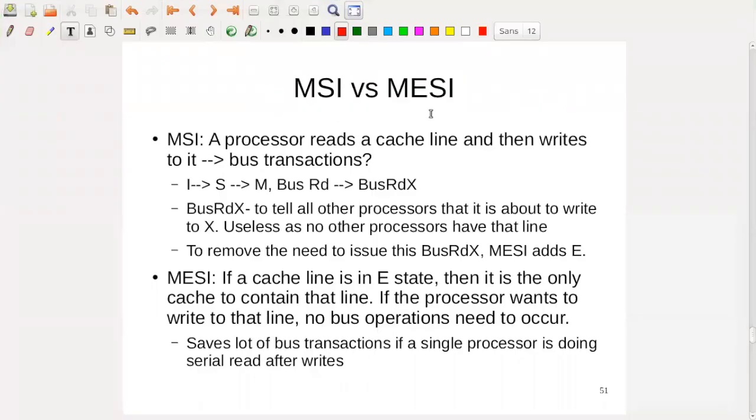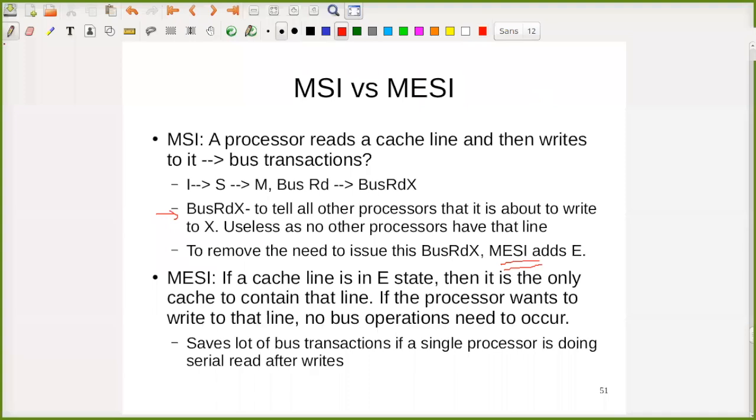To summarize MSI versus MESI, like I already mentioned, in MSI, if a processor reads a cache line and then writes to it and keeps writing to it in the same core, the bus upgrade signals that are sent to other processors are not actually needed, and therefore we have the MESI protocol which adds this exclusive state.